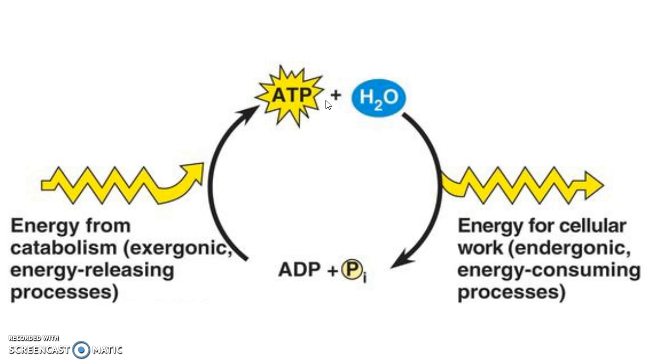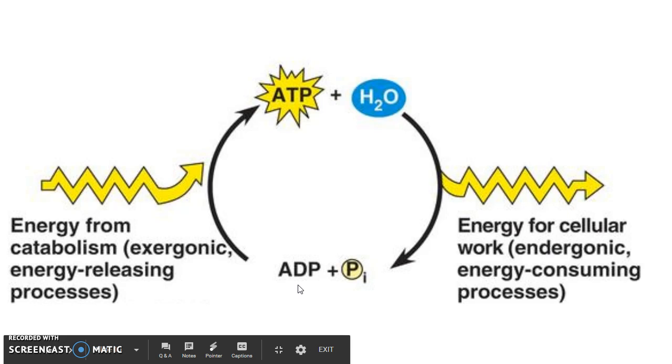This water molecule is shown here to represent the hydrolysis, or the breaking and splitting of that third phosphate group in ATP. Again, there's your kind of POW symbol to represent that this is a high energy molecule. Once it's hydrolyzed, that released energy can be transferred to another reaction. And then you're left with ADP because there's only 2 phosphates left, and that third phosphate has been transferred somewhere else.